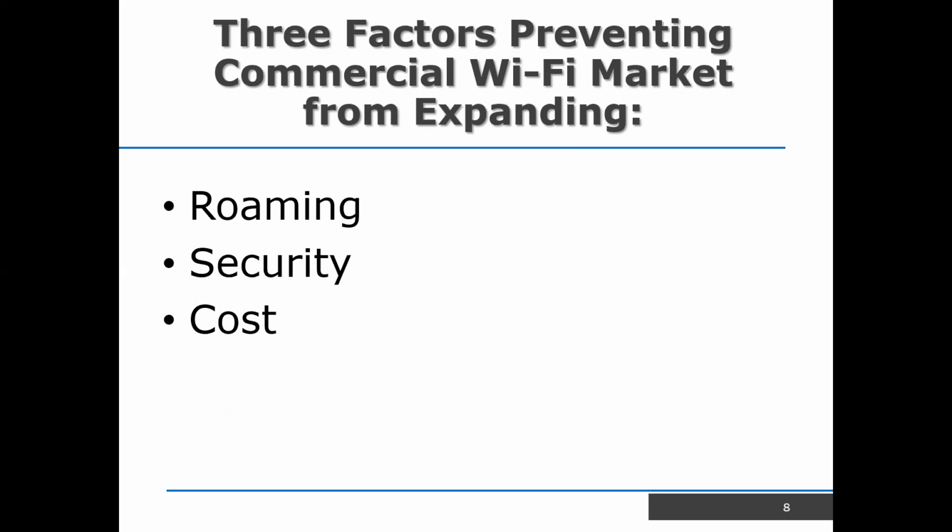The third problem, which is getting ubiquitous access to commercial Wi-Fi, is that users are not used to paying for hotspots. Setting up publicly accessible commercial Wi-Fi will be relatively expensive, and there are many questions about whether commercial Wi-Fi service can survive when so many free hotspots are available to other users.